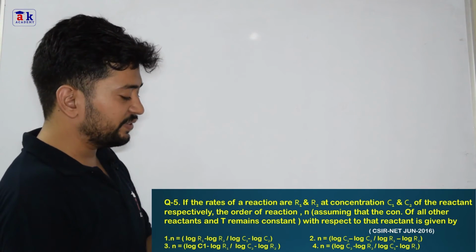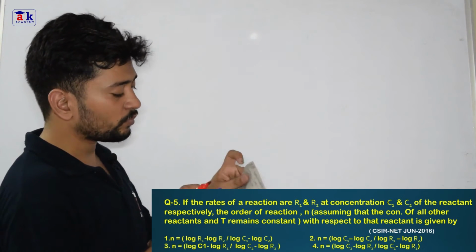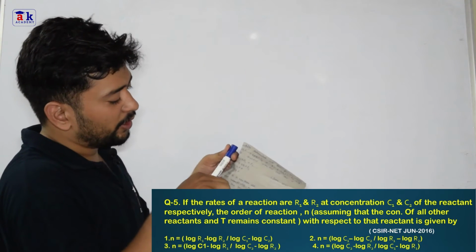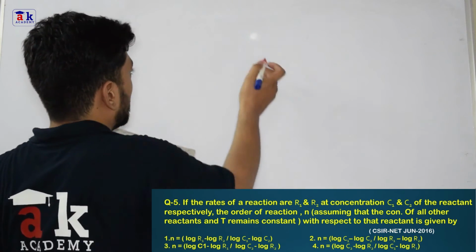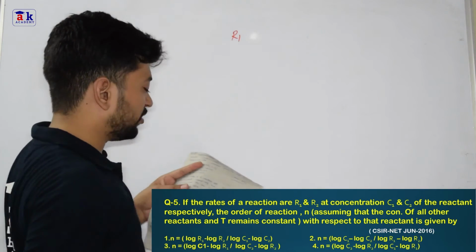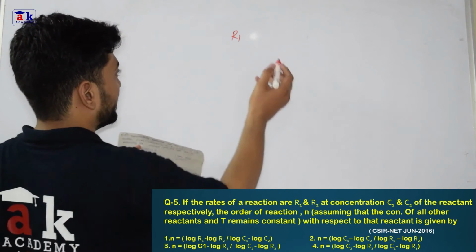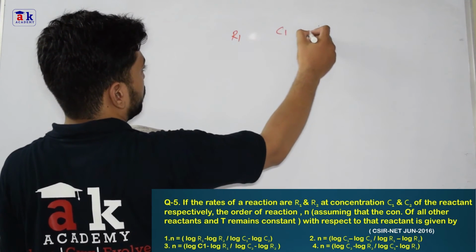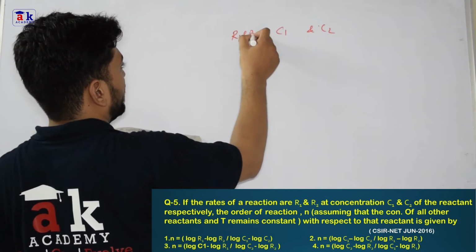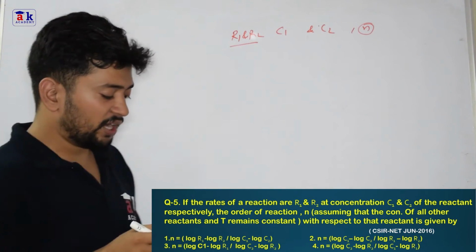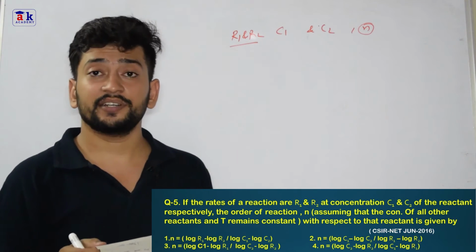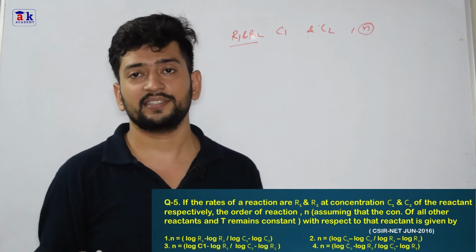So here almost everything is constant, right? We have rates R1 and R2 and concentrations C1 and C2, and they are asking about the order.